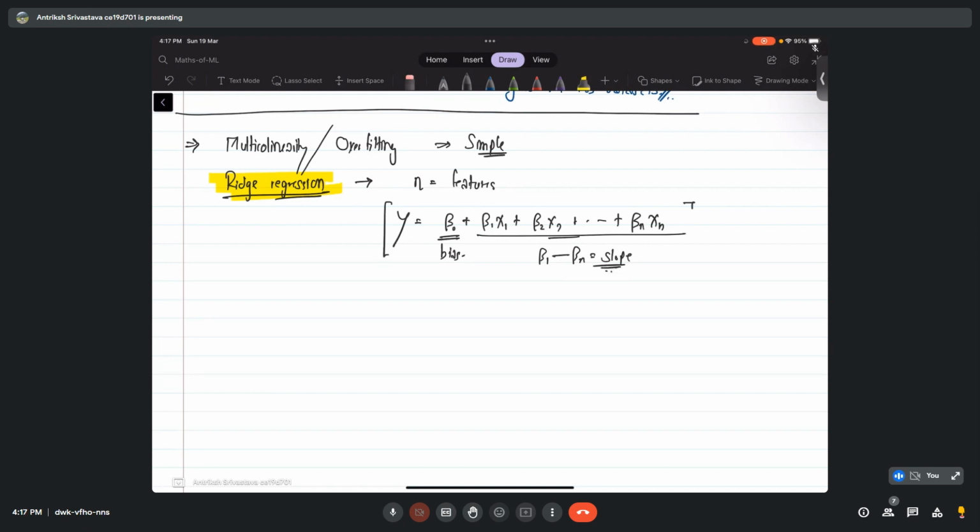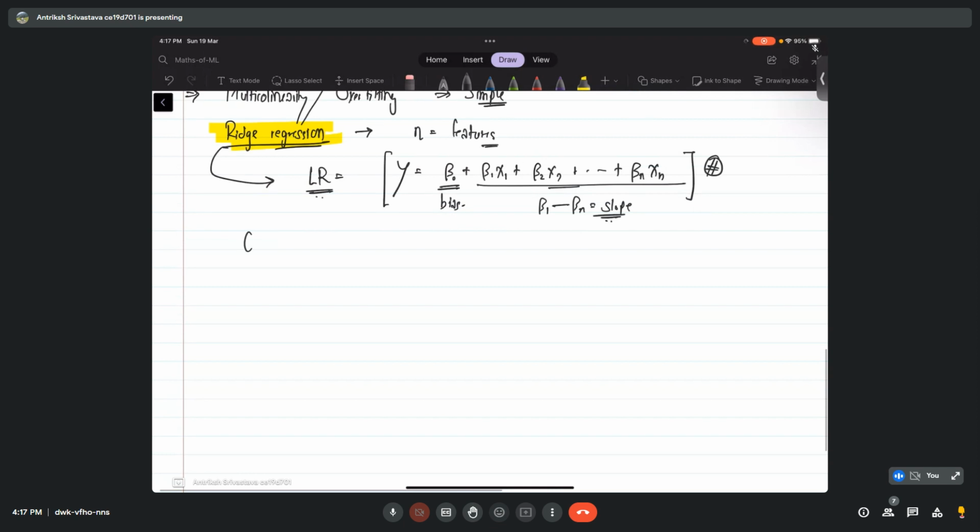So this is the equation that we'll have for any linear regression result, right? The ridge regression also is going to give the same, but the difference is how we calculate the cost.